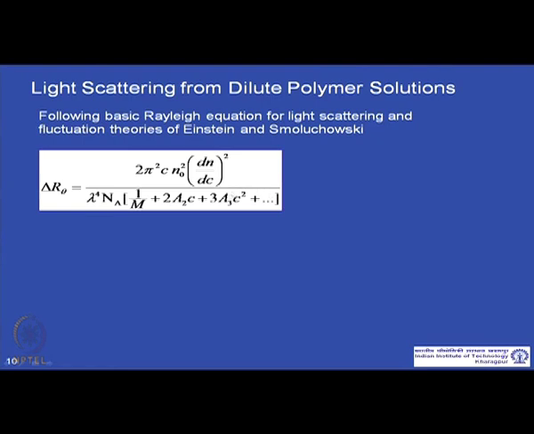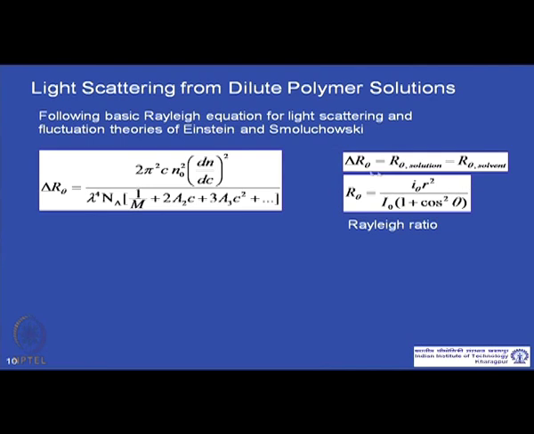We can get an equation like this, where delta R theta, as I said, involves the Rayleigh ratio R, which is basically the scattering intensity normalized with the scattering angle. So, the Rayleigh ratio is basically this expression.